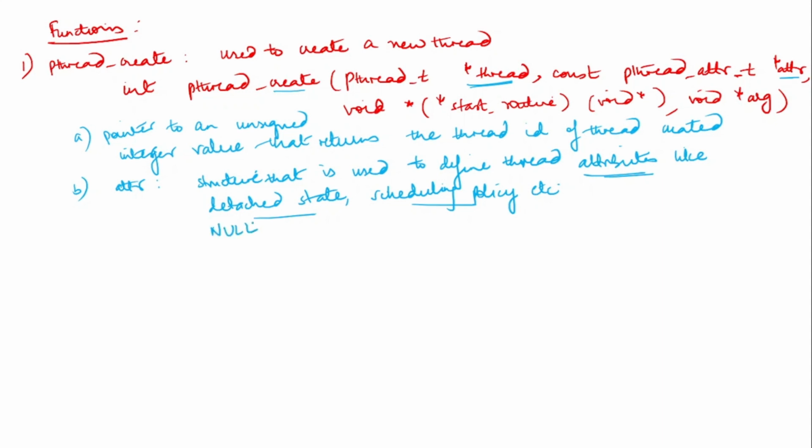Whenever you create a thread, by default it will be set to null, and this is the default thread attribute for the newly created thread. So by default you will set it to null. Third is the start routine.